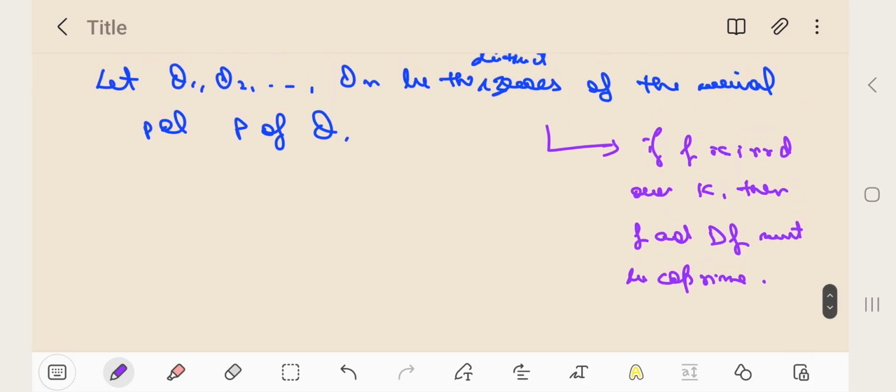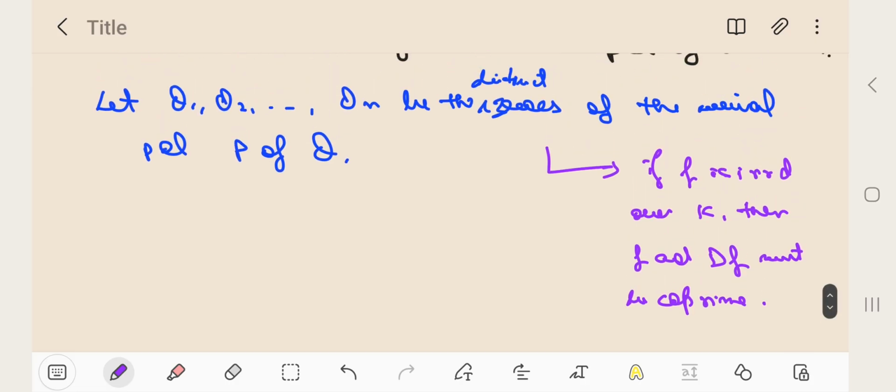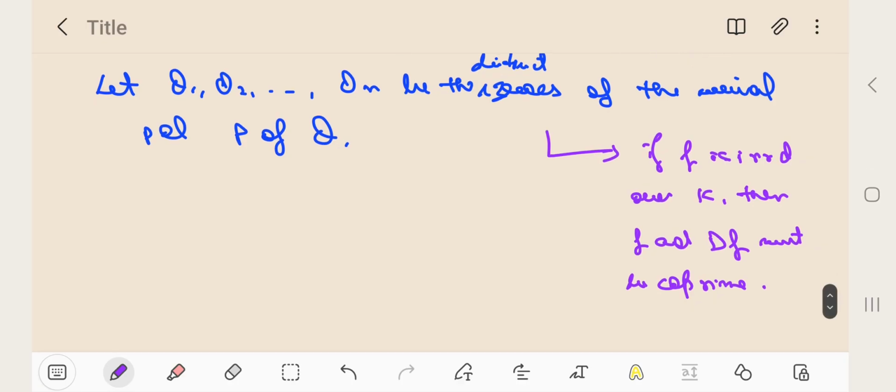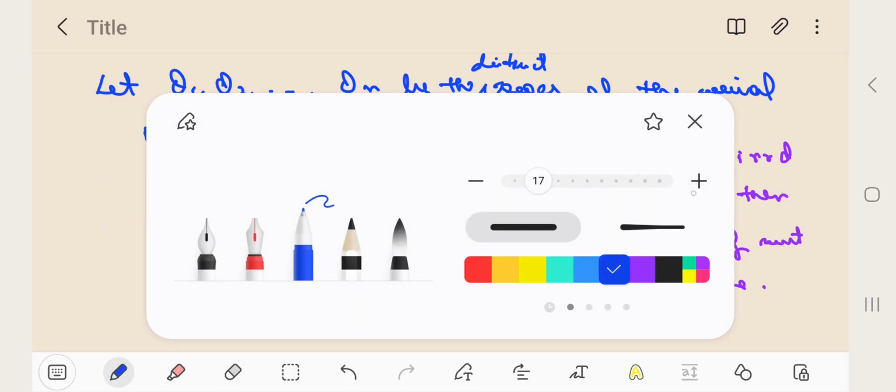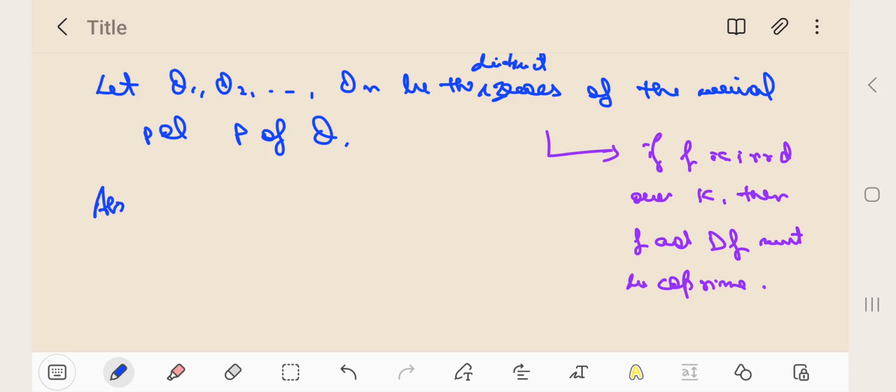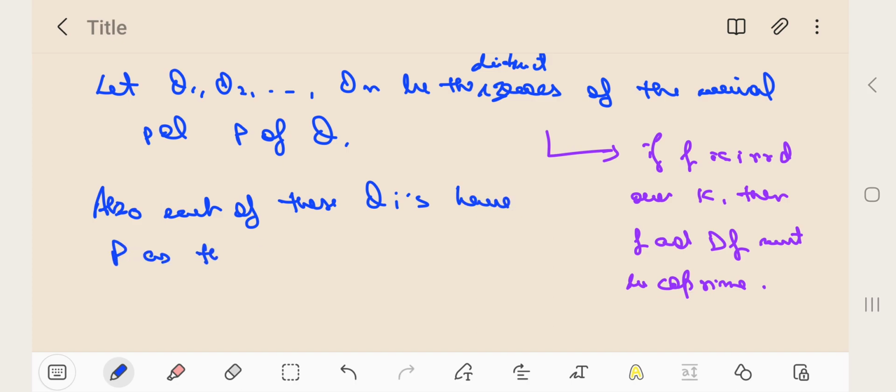So each of these theta_i's are the distinct zeros, and in fact each of these theta_i's also has p as its minimal polynomial.